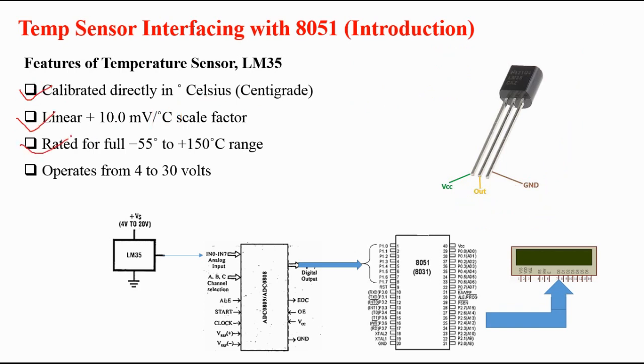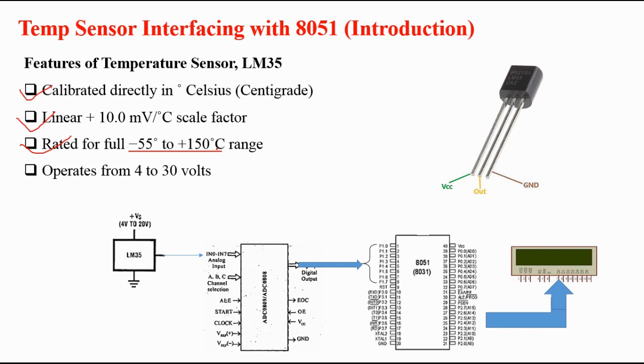It is rated for full minus 55 to 150 degree Celsius. It means that you can use this temperature sensor in a system which will be used within this temperature range. Suppose you want to use the temperature sensor for space exploration, and the system in which you are using the LM35 is going to visit the outer area of the sun.